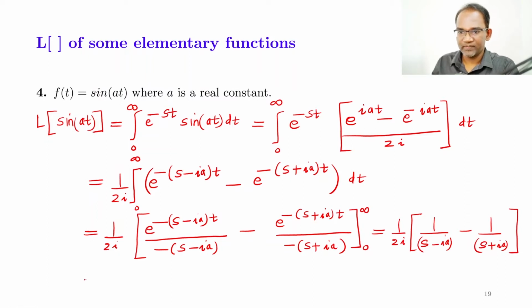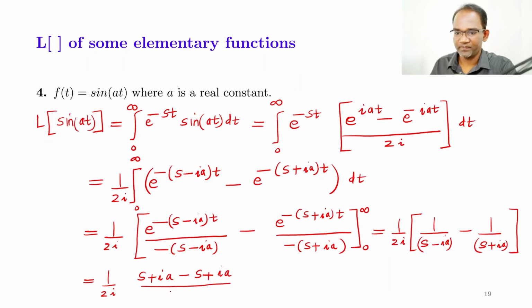And this is 1 over 2i times s plus ia minus s minus, so that is plus ia, divided by s square plus a square, and that is equal to 1 over 2i.